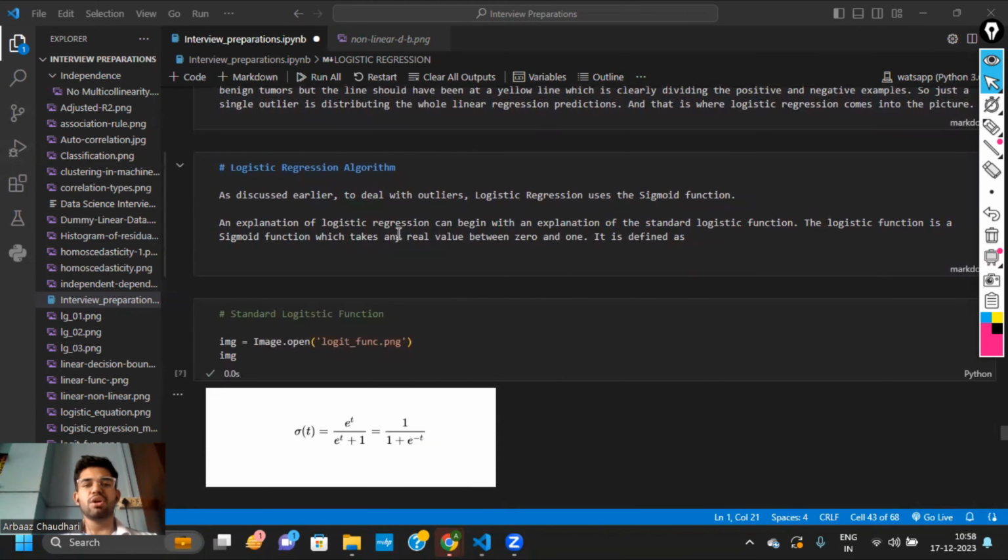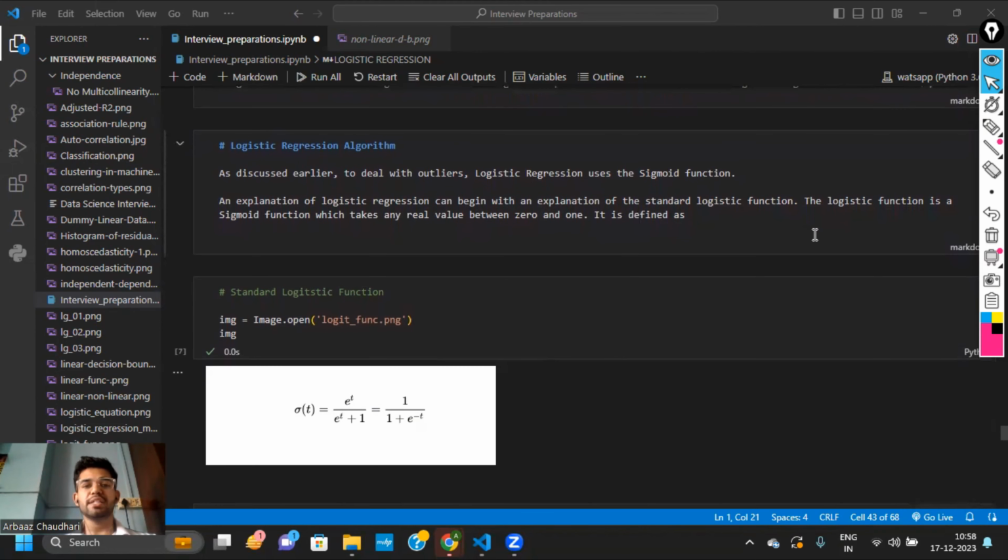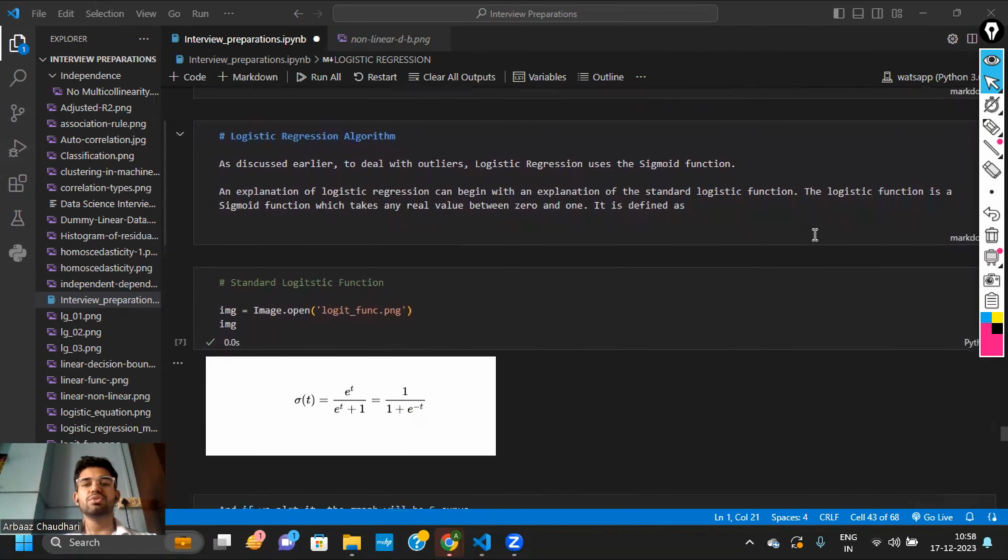The explanation of logistic regression can begin with the explanation of a standard logistic function. The logistic function is a sigmoid function that takes any real value and maps it between 0 and 1.